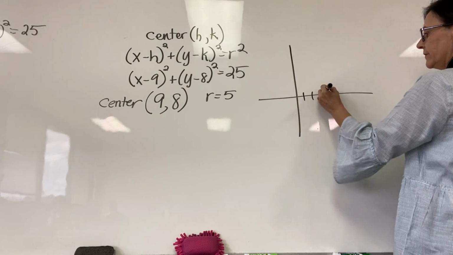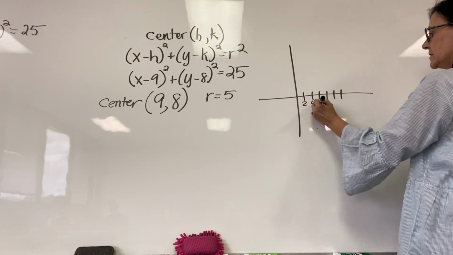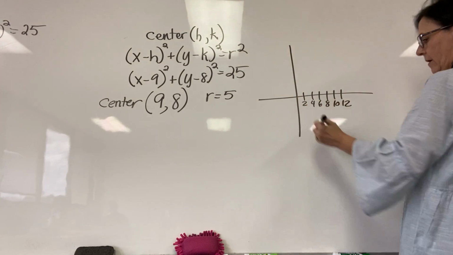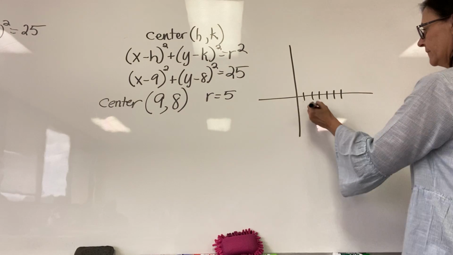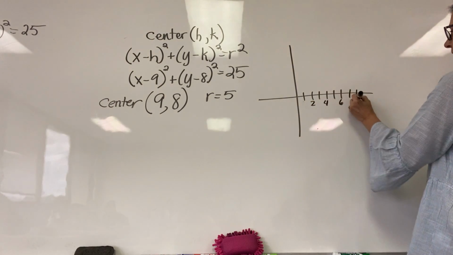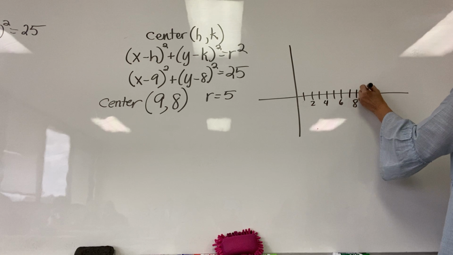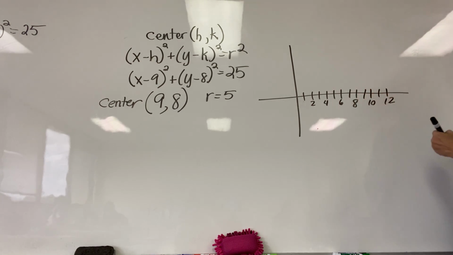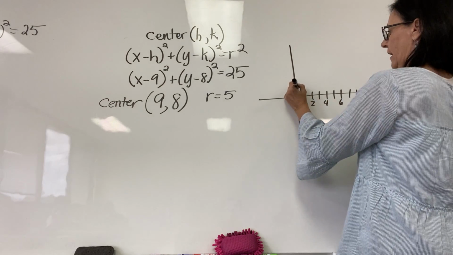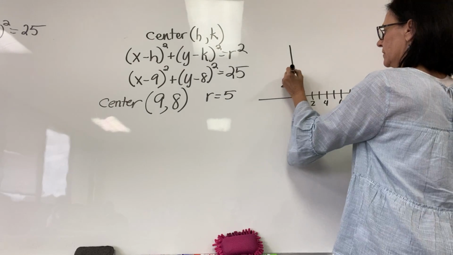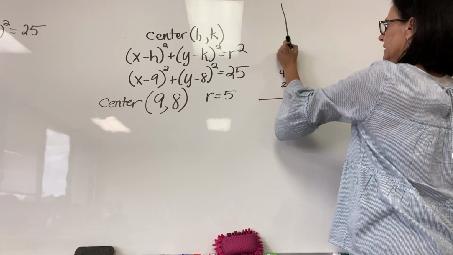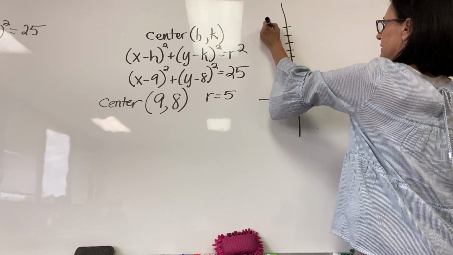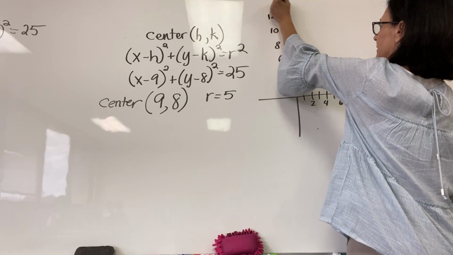All right. So now our center is at 9, 8. I'm going to count by twos. 2, 4, 6, 8, 10, 12. Well, I better not because I've got to go out 5. All right, I'm going to count by ones. 6, 8, 10, 12, 14, and I'll go up here. 2, 4, 6, 8, 10, 12, 14.